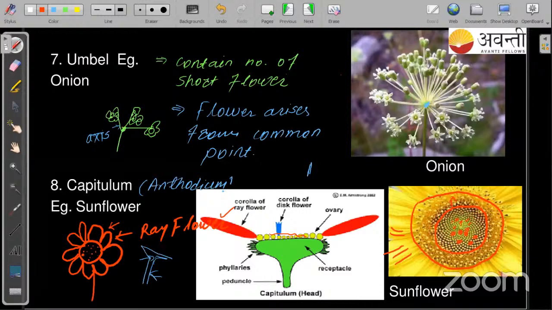That means this is centripetal. I think you already understood the meaning of centripetal in the case of capitulum. Any doubt in it?